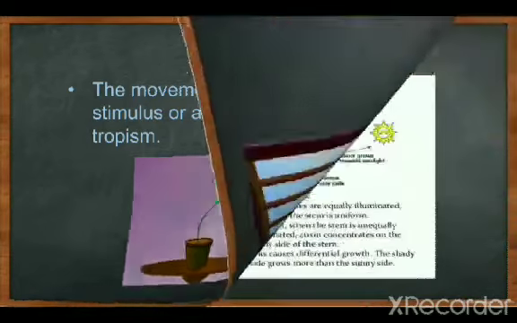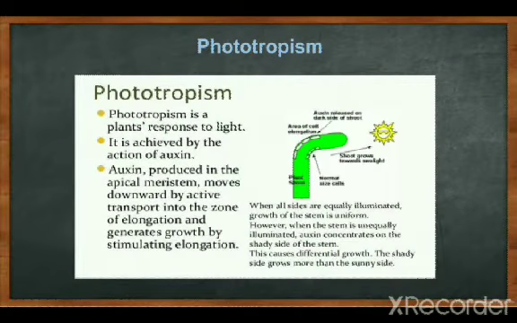Number one is phototropism. As it is named, photo means light. Which light? Sunlight. Tropism means response to a stimulus.